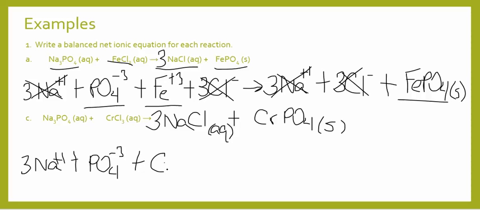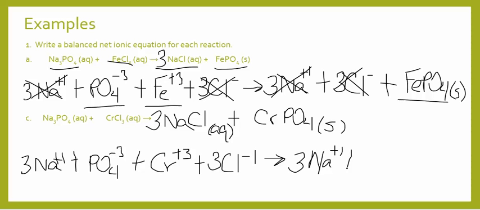CrCl3 is aqueous. Break that apart into ions and write the charges. NaCl is aqueous. Split that apart into ions. And then CrPO4 is a solid. We do absolutely nothing to the solid.